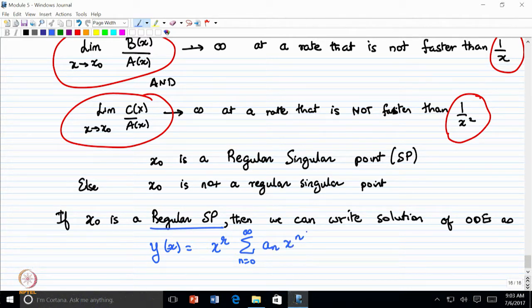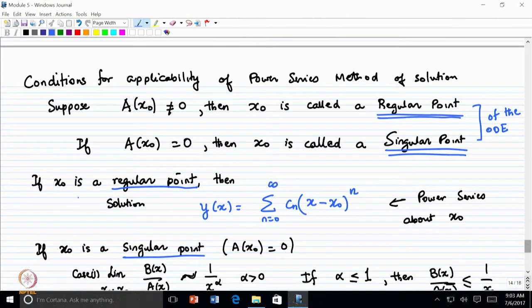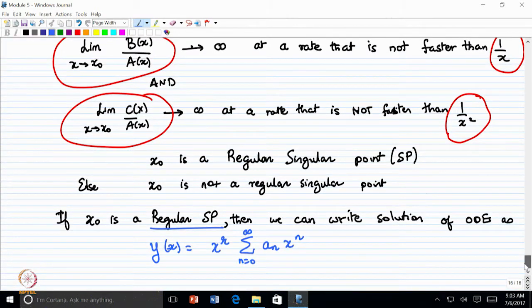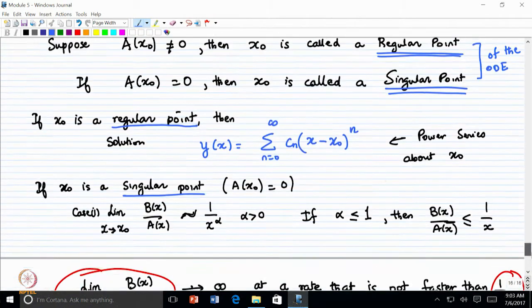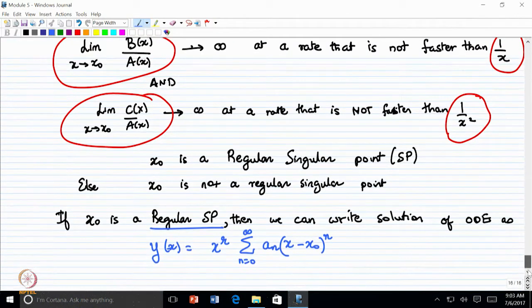If x 0 is a regular point, you could just write the power series term, x minus x 0 raised to n, without the x raised to r in front, but if it is a singular point, then you need this additional x raised to r.